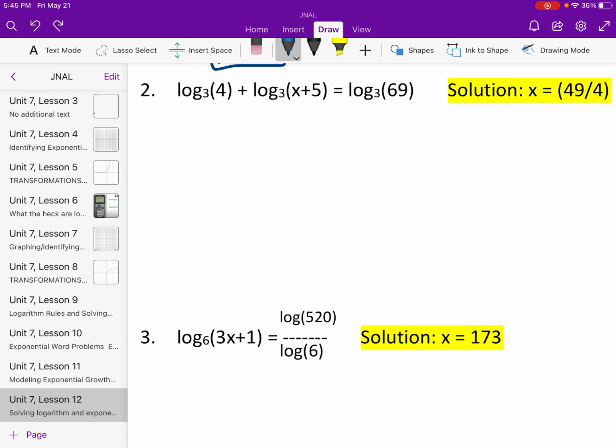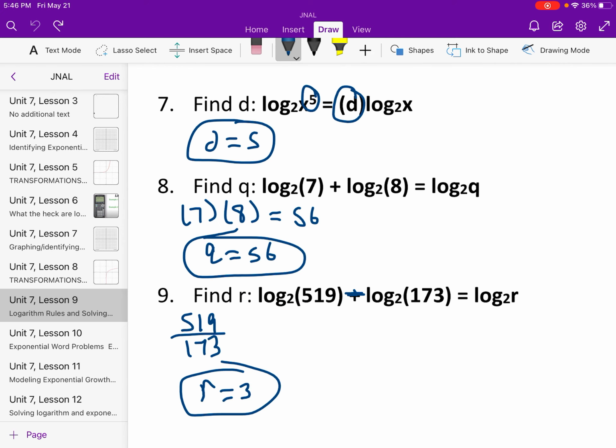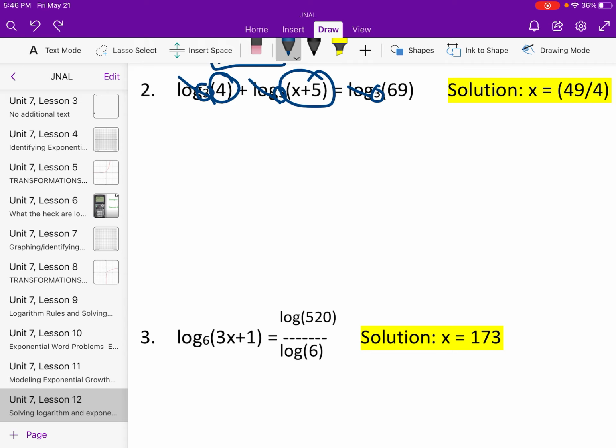For here, we have the same bases, so we can cancel out the log 3's. That means we need to multiply these, not add these, even though we have an addition sign here. Number 8 here shows that that's what we need to do.